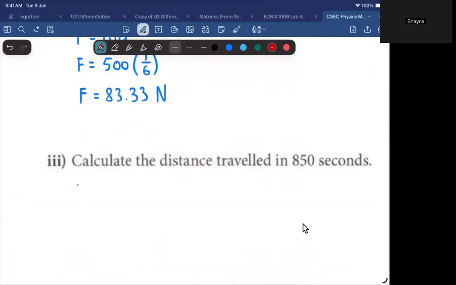All right, so I'm just going to write this note. Area under graph is equal to distance traveled.